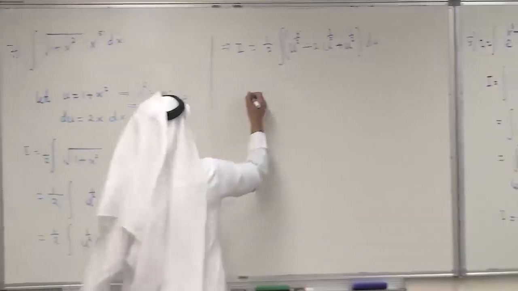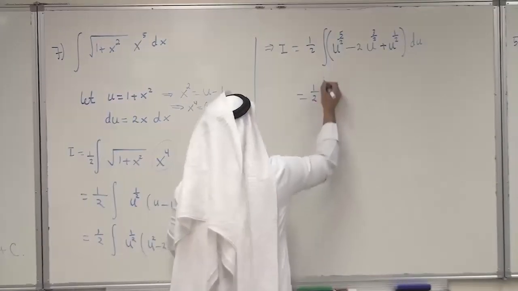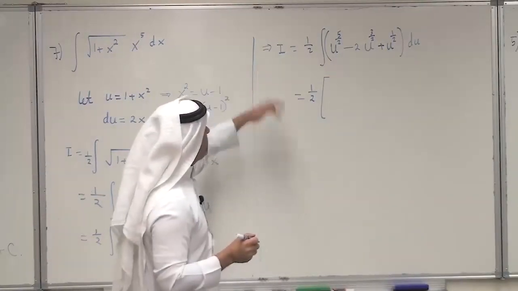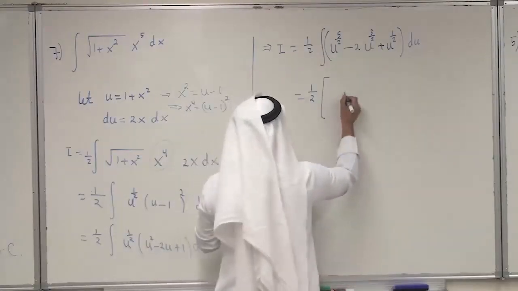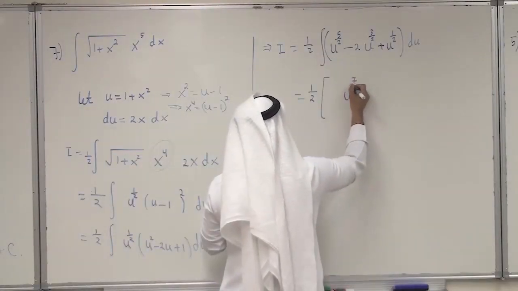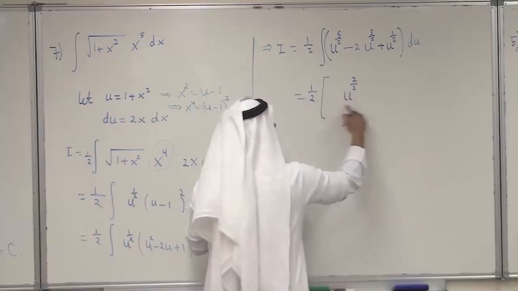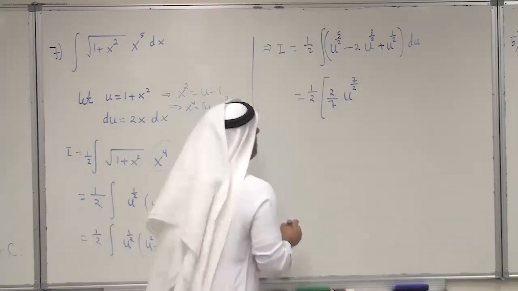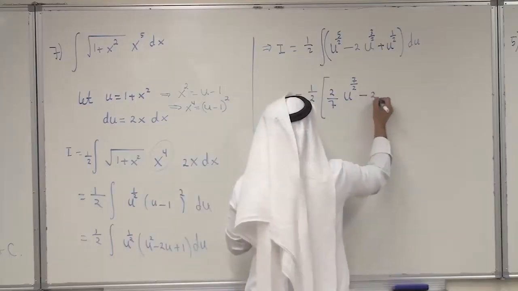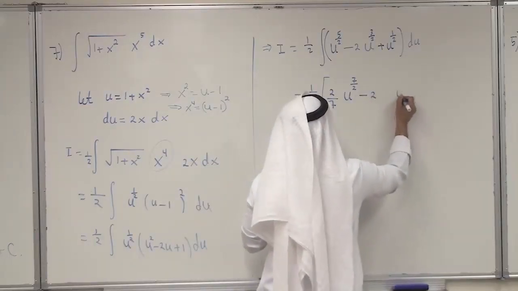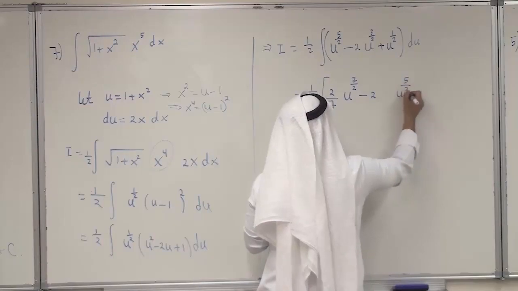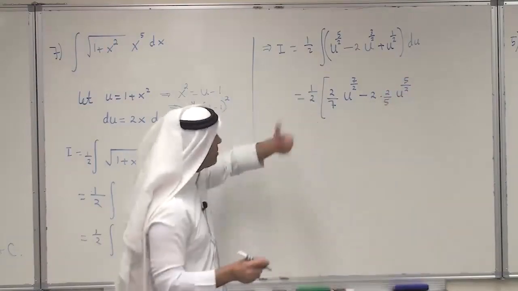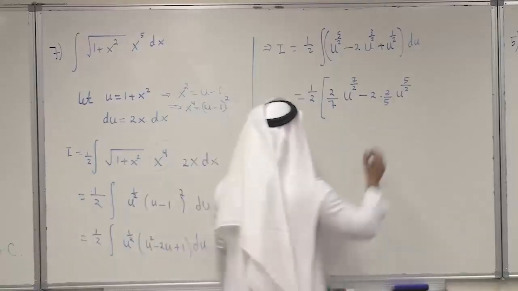Okay, fine. This is equal to 1/2 times, now, you have u to the power 5/2. You integrate, you get u to the power 7/2, adding 1 and dividing by 7/2, that is multiplying by 2/7. Minus 2 times u to the power 5/2 times 2/5. I am dividing by 5/2, so I am multiplying by 2/5.